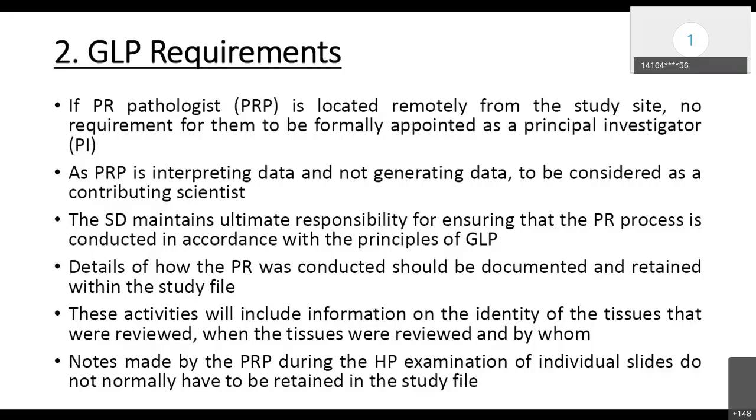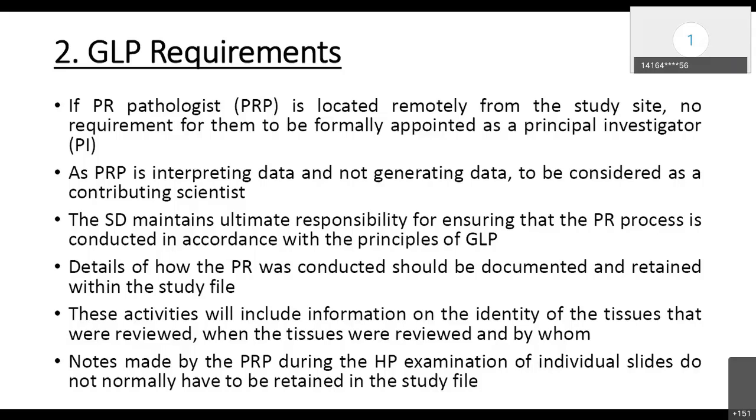But the major responsibility lies with the study director to ensure that the peer review process is conducted in accordance with the principles of GLP. OECD has a clear-cut guidance document of 11 pages, published in 2014, and worldwide it is followed by all pathologists or organizations conducting peer review.